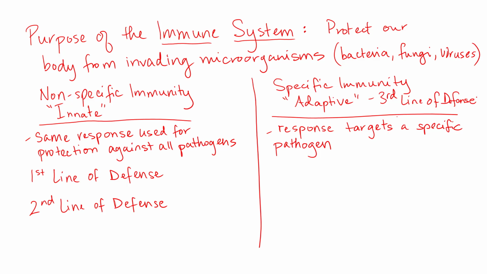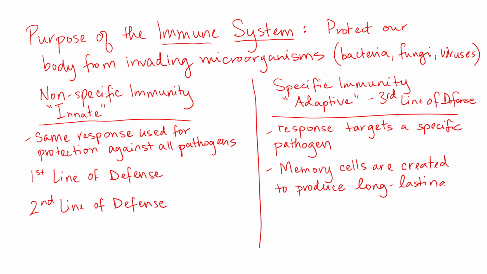So the adaptive immune response is the third line of defense. A really important component of the adaptive response is the production of memory cells. Memory cells are created to produce long-lasting immunity to a specific pathogen.